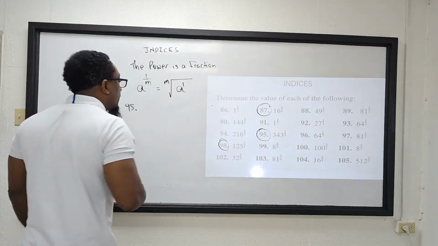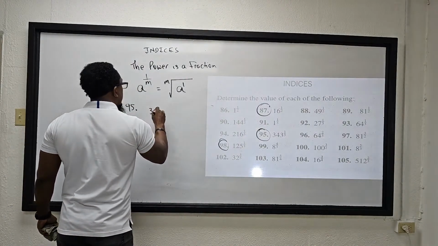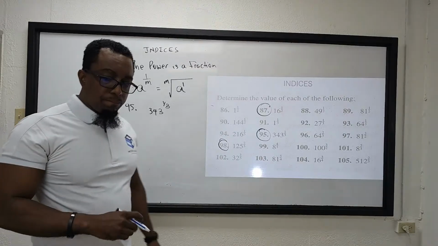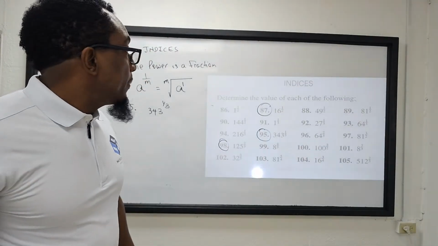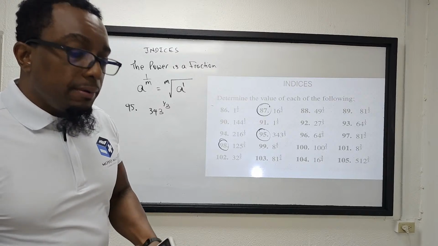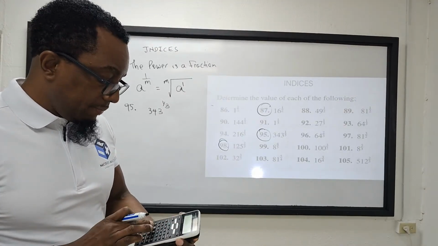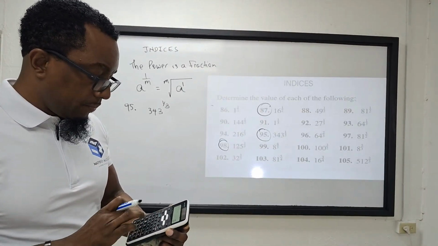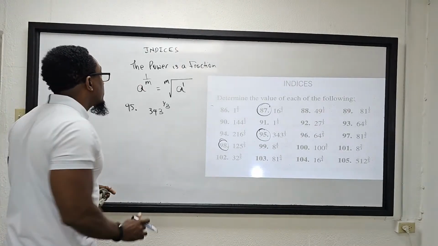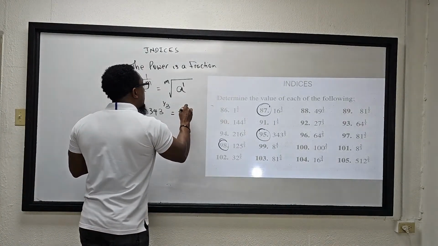343 to the power of a third. Yeah? I can express 343 as 7 to the power of 3. If you multiply 7 by itself 3 times, you get 343. So 343 is the same as 7 to the power of 3.